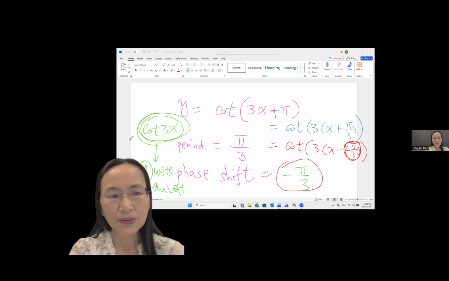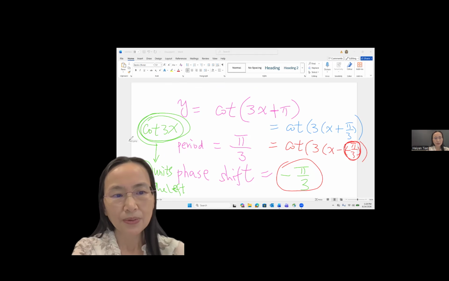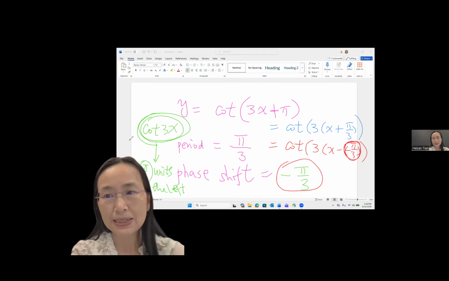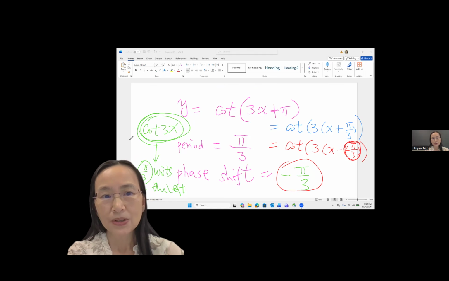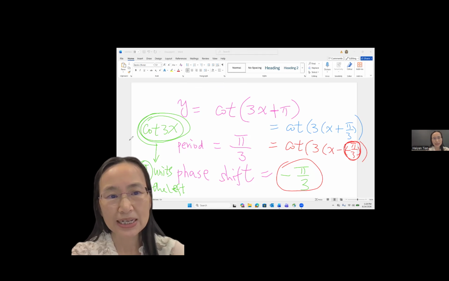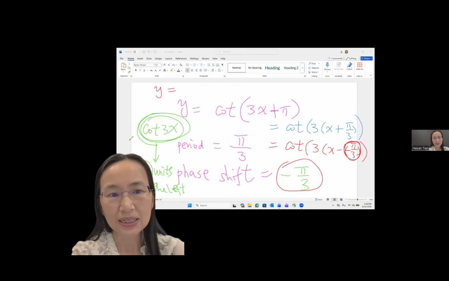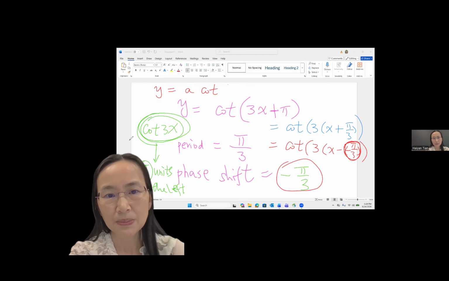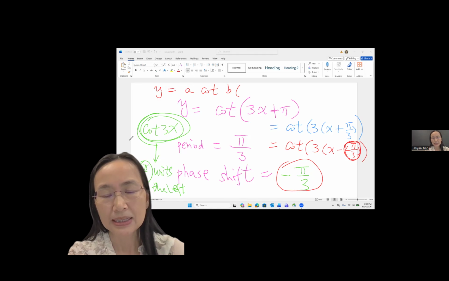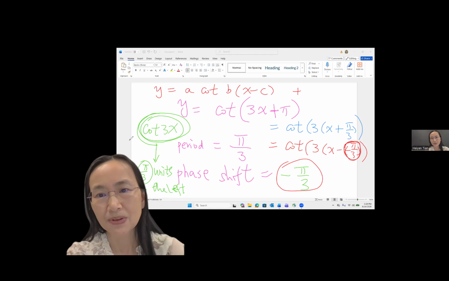Yeah, so the reason I write that is for you to recognize the standard form of tangent or cotangent. So if we think of the standard form of the cotangent with a number here, and cotangent with maybe a number inside, and then x minus c, and then plus some constant, right?